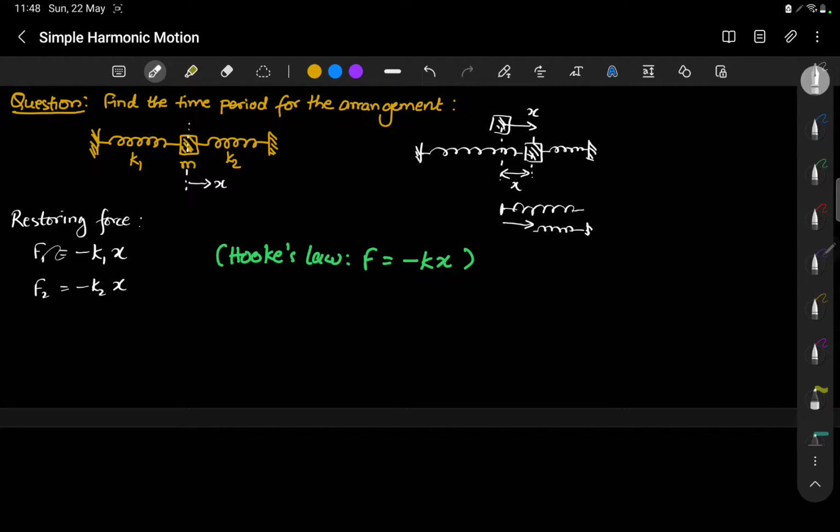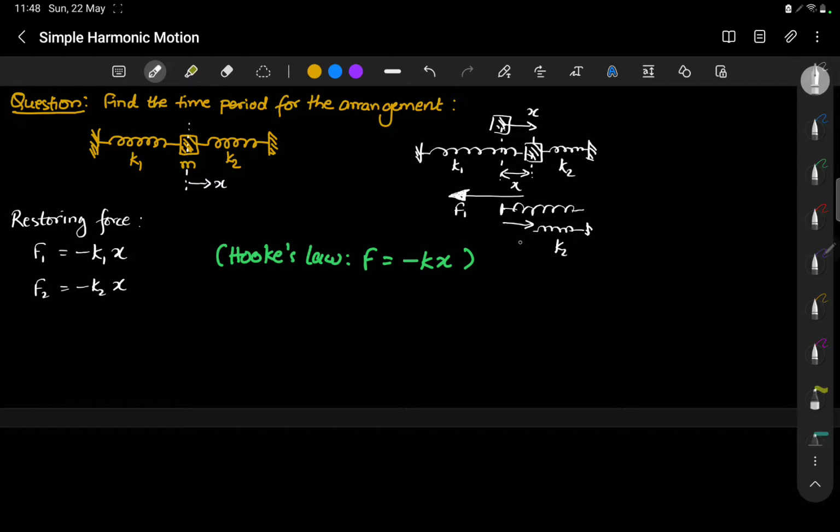So now we have the total restoring force. See that both these restoring forces will act on this block of mass m in the same direction. Why so? It's because this k1 spring got extended, so the restoring force on the mass is going to be in this direction for k1. So this is F1. Now the k2 spring got compressed.